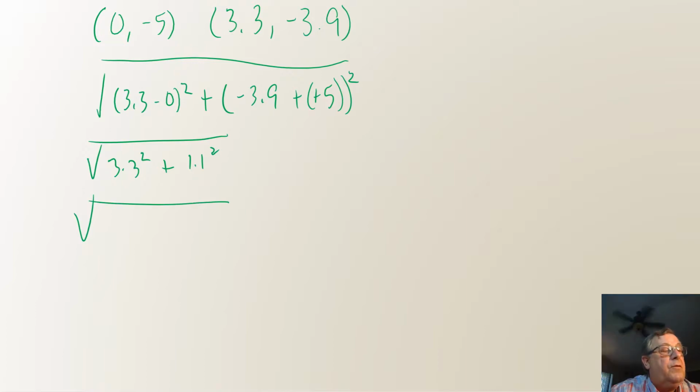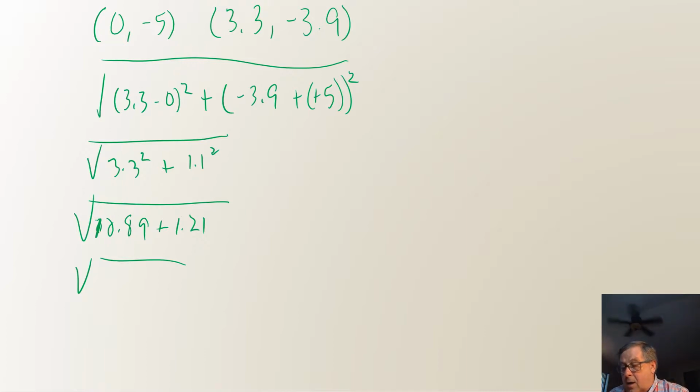And 3.3 squared is 10.89, and 1.1 squared is 1.21. And so then we're looking at the square root of 10.89 plus 1.21, which is 12.1. And so let's see, what's the square root of 12.1 approximately?